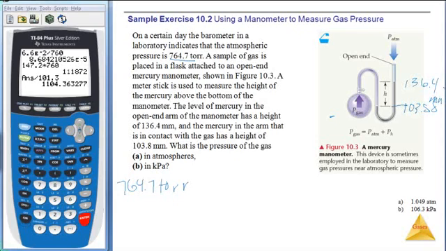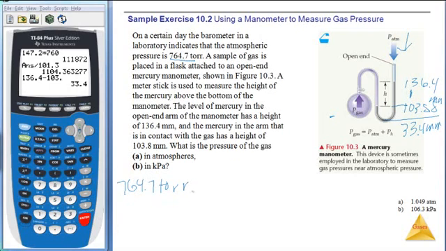So the pressure of the gas is going to be whatever the pressure of the atmosphere is, adjusted for this difference. So the difference here is 136.4 minus 103.8, which is 33.4 millimeters.